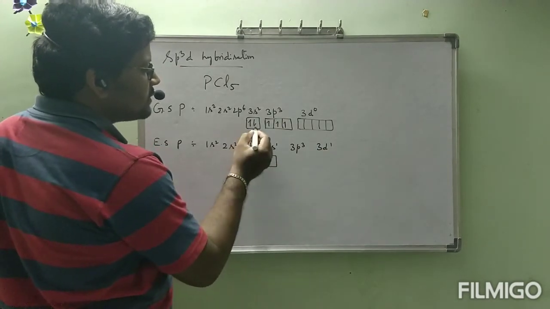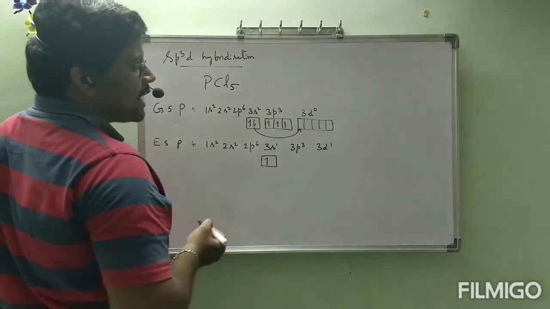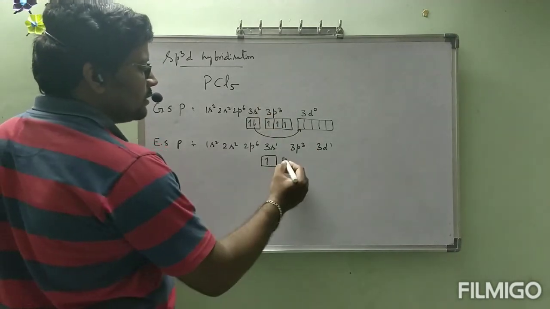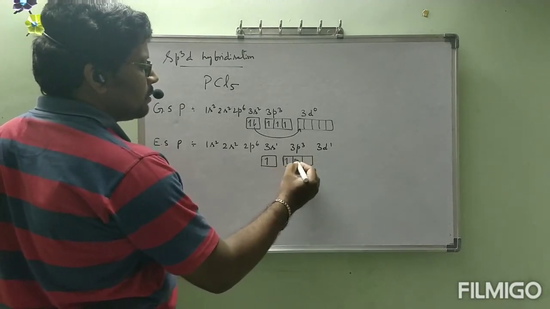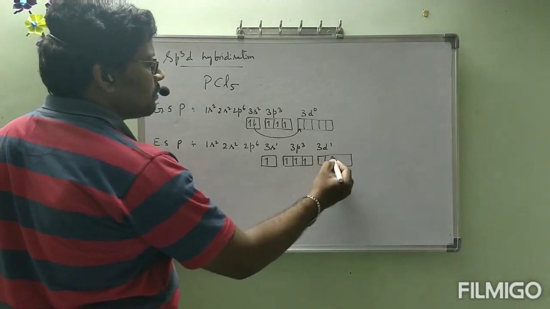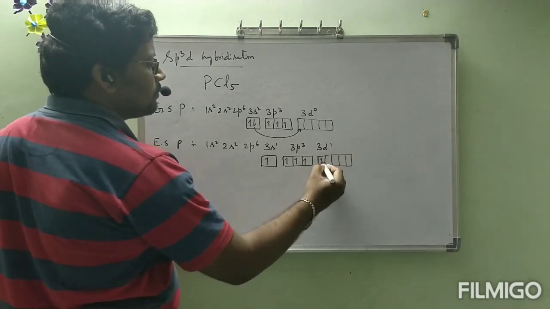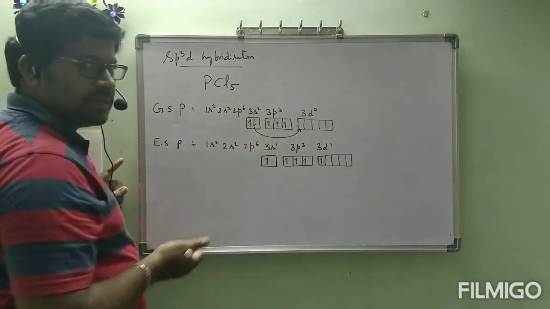One of the electrons present in the s orbital will be excited to the higher energy state, 3d, and it will change its spin also.